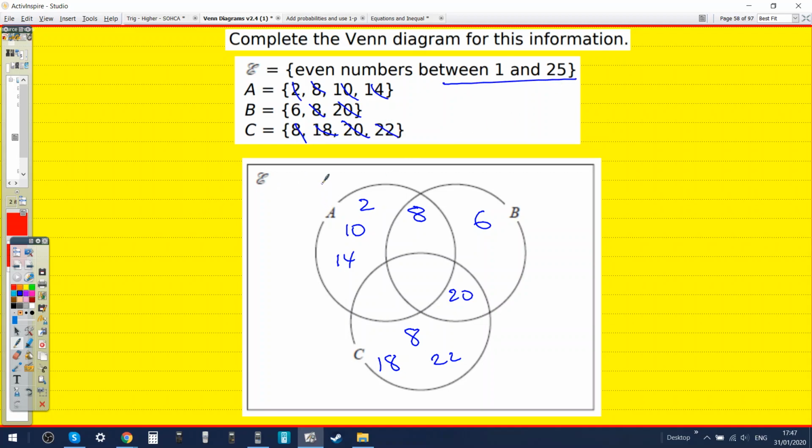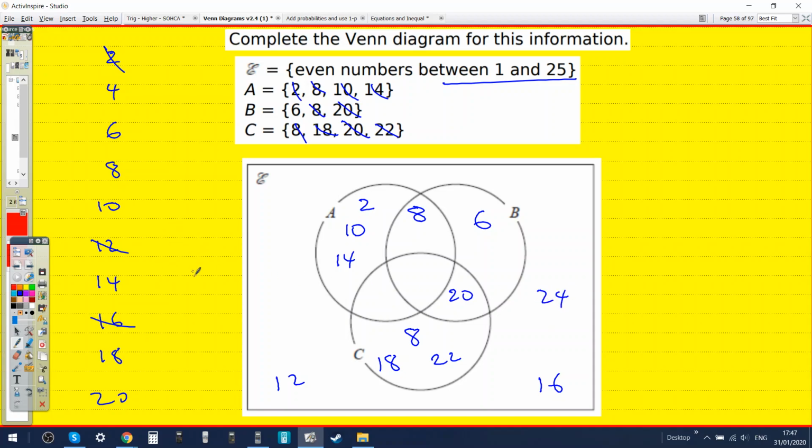Universal set. So the probability? Nope. Universal set. Even numbers between 1 and... 12 outside. Okay. 14, 16 outside as well. 18, 20, 24 outside as well.